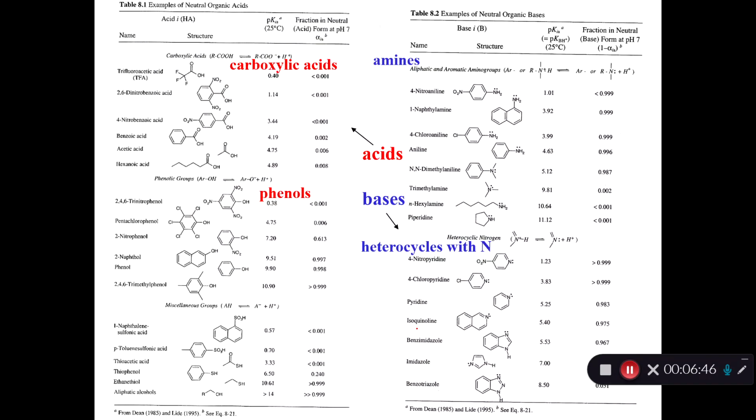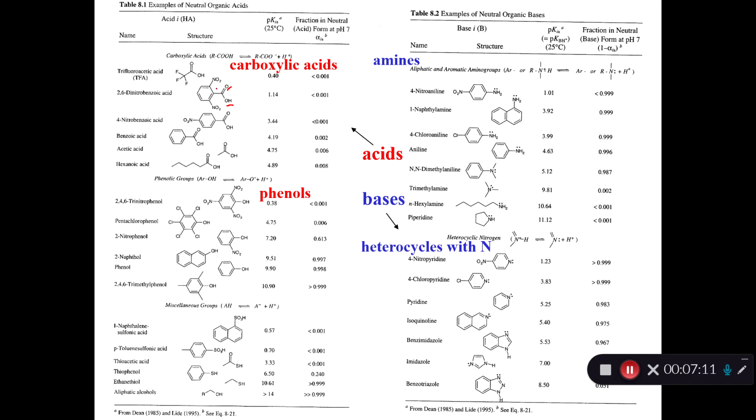So what kinds of chemicals are we talking about? In the red here we have things that act as acids in the environment, and in blue we have things that act as bases. You'll notice that most of the things that act as acids over here have oxygen in them. For example, here's a carboxylic acid group attached to a benzene ring. That's called a benzoic acid.